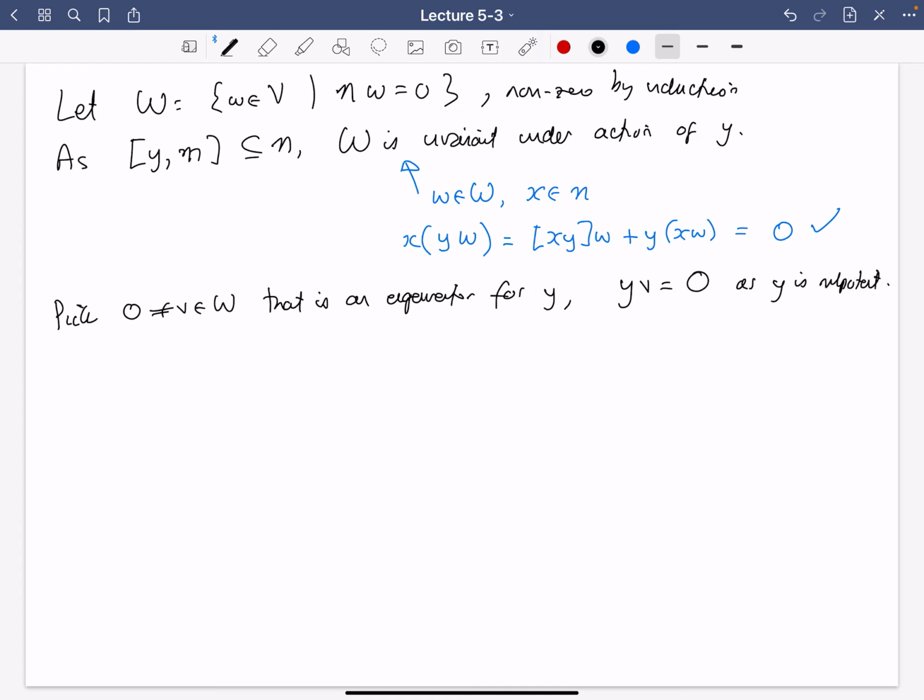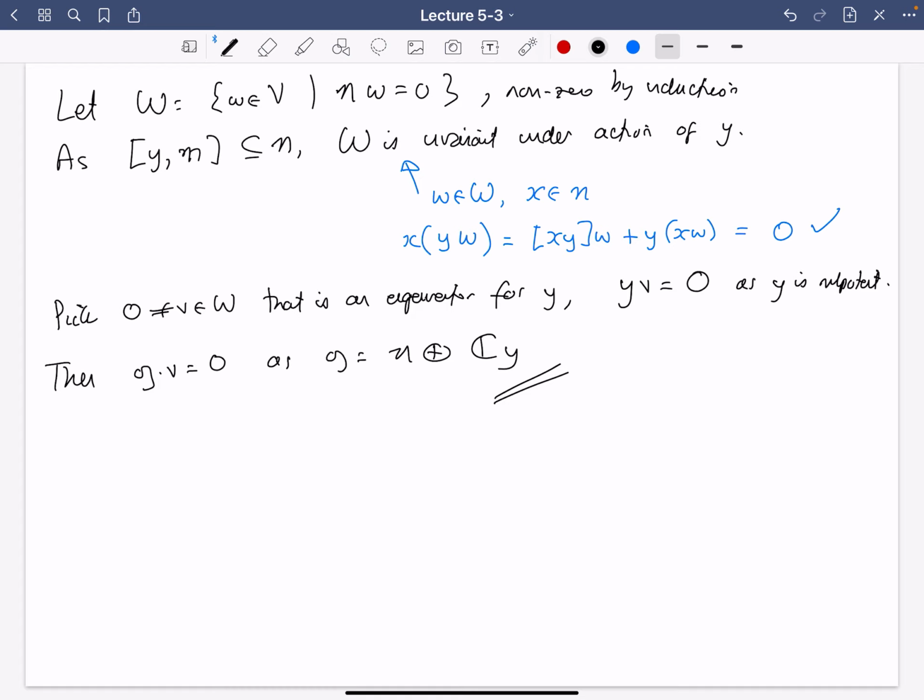That was the initial assumption. And so now we've got this vector, little v, it's killed by y, and it's killed by all of n. Hence, it's killed by all of G, as G is n direct sum the span of y. And there's the proof.